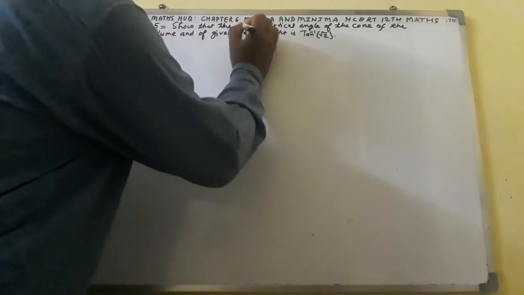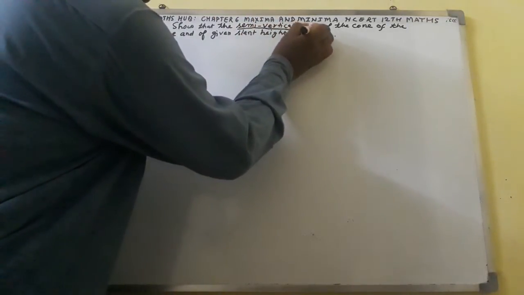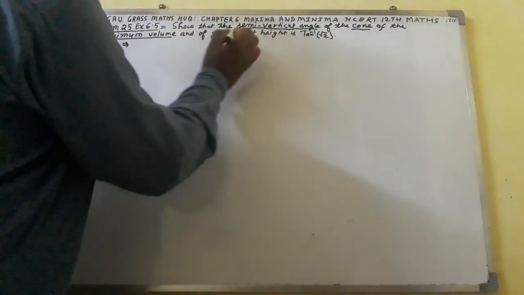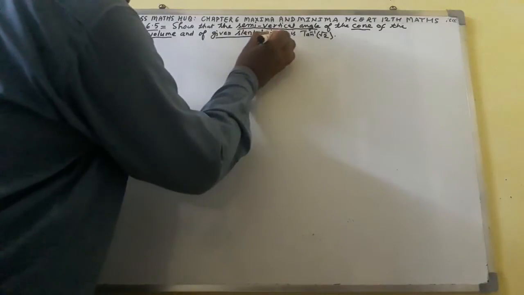Solution: it says the semi-vertical angle of the cone of maximum volume and given slant height is tan inverse root 2.